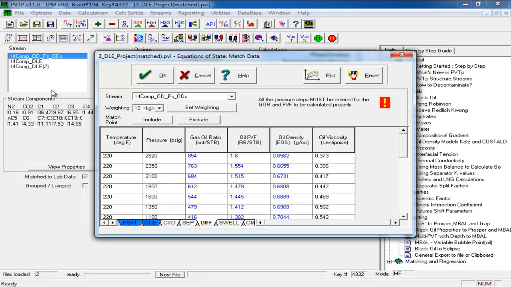So this is already provided in your lab data, in your PVT data. We have RS, beta O, oil density, oil viscosity. Those are measured in lab.